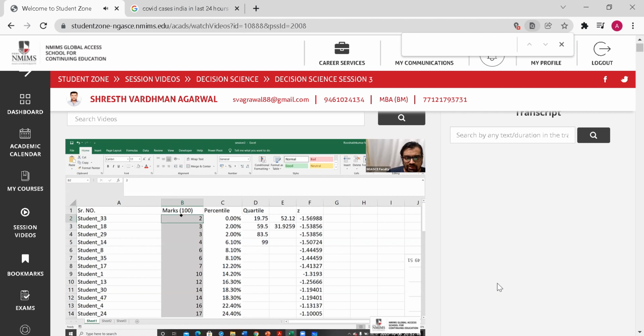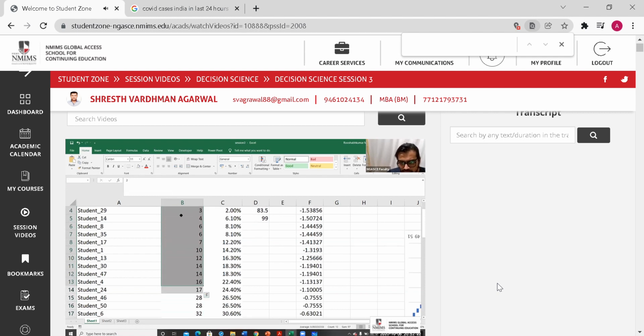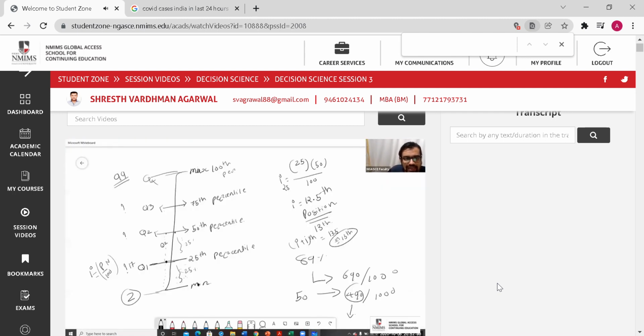This is first, second, third, fourth, fifth. This is the 13th position. Yes, I'm correct. This value is 17. So the first quartile ends at 17 marks. So 2 to 17 marks is the area of quartile 1.